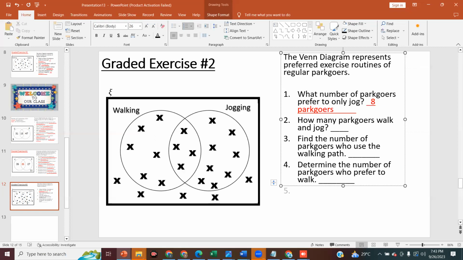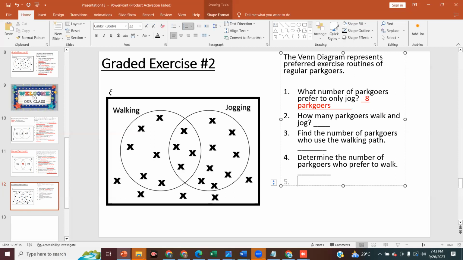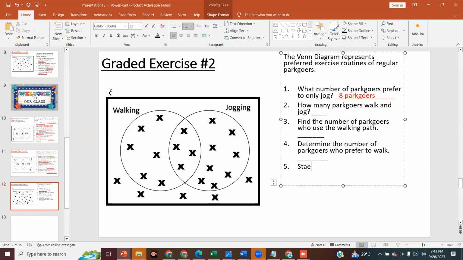Number 5, determine the number of parkers that do not prefer to walk nor jog.